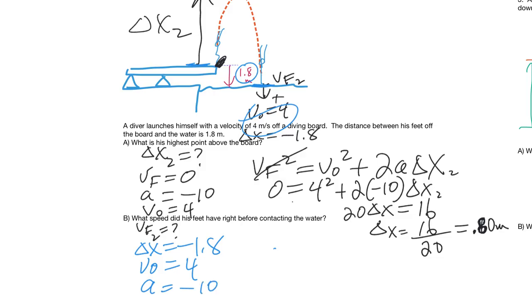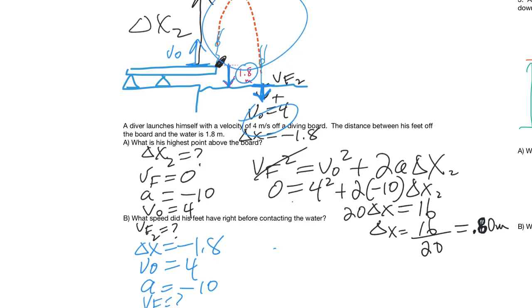Now, a lot of people say, well, what about all this stuff up here? You don't have to worry about it. Here's your VO, here's your VF, here's your displacement in this problem. And so all we do is find VF.